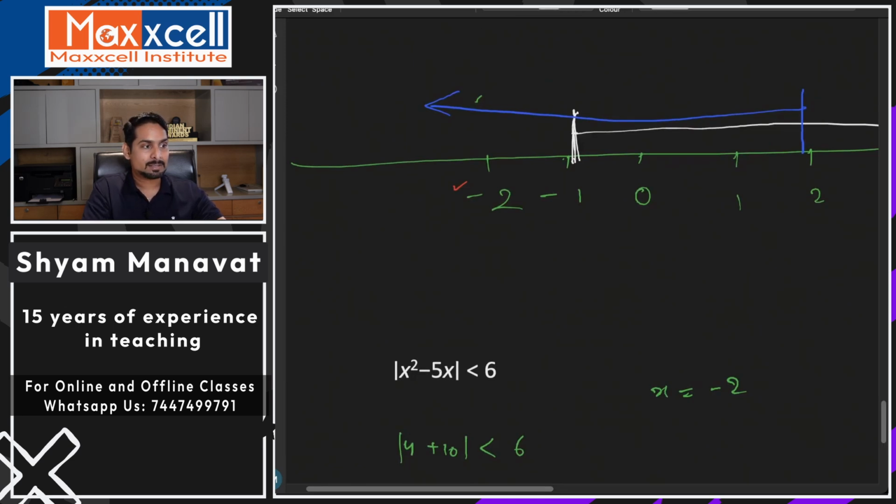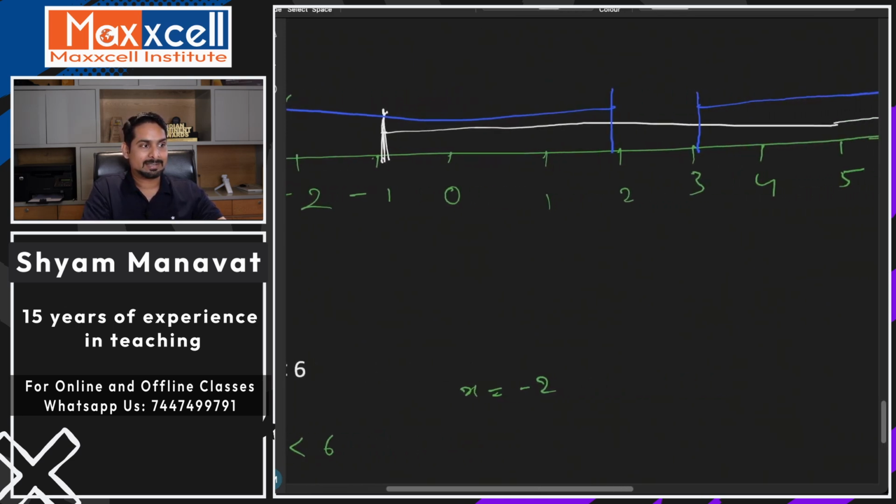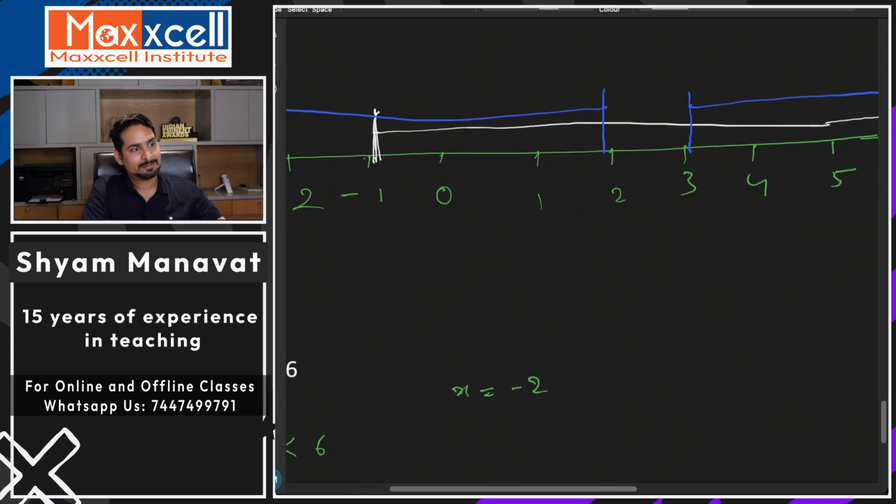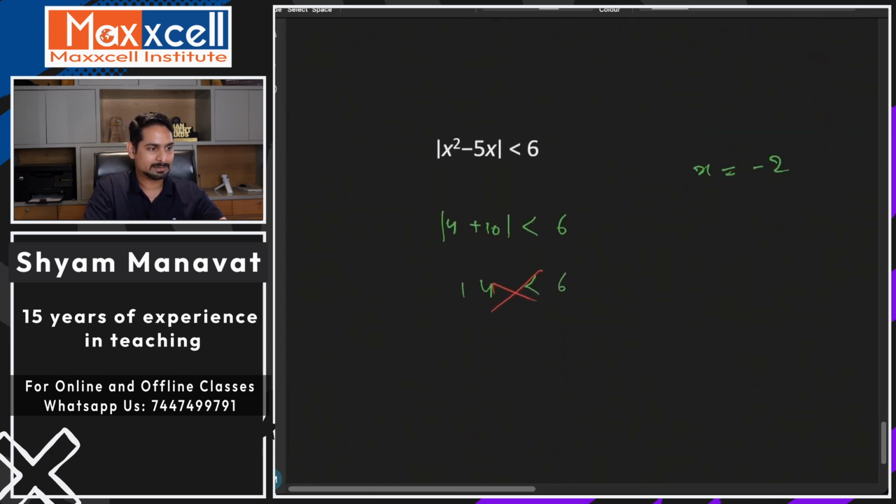Let's try the white line. Let's try taking a value which is only on the white line, let's say 2.5. If I consider x equal to 2.5, then I will get 2.5 squared minus 5 into 2.5.